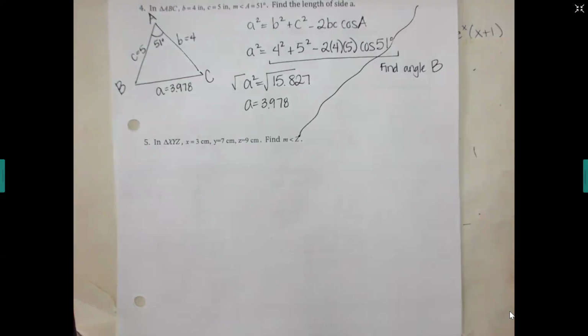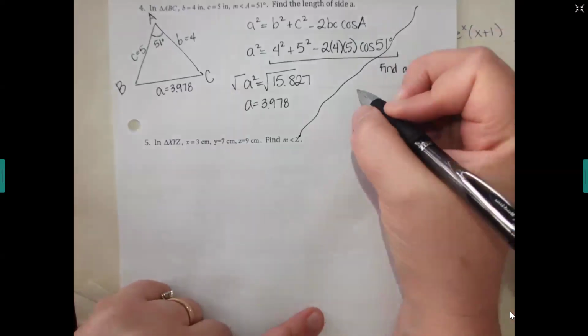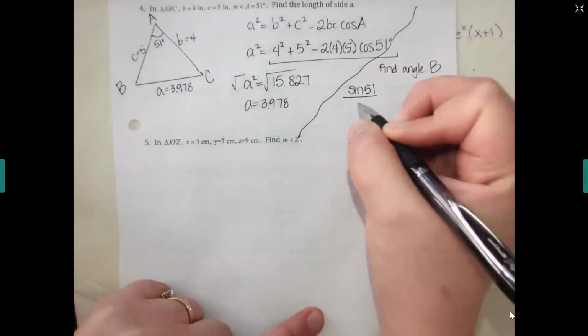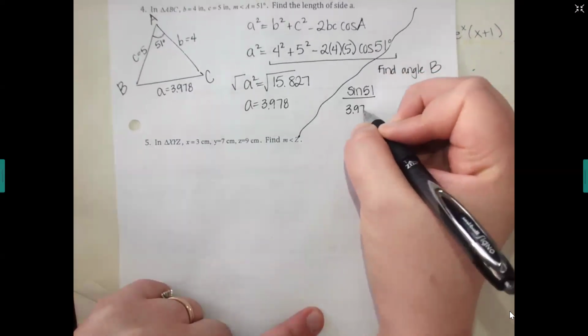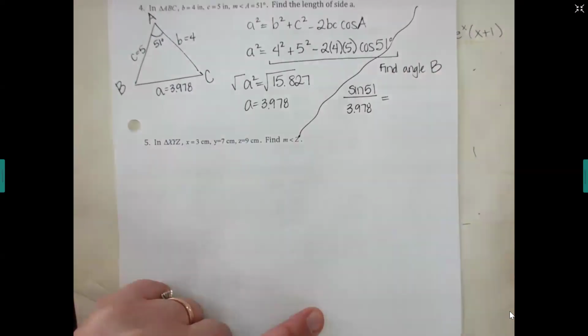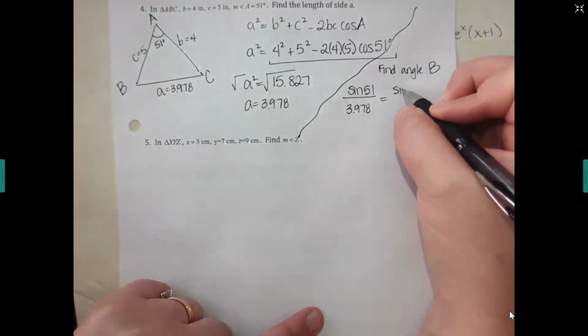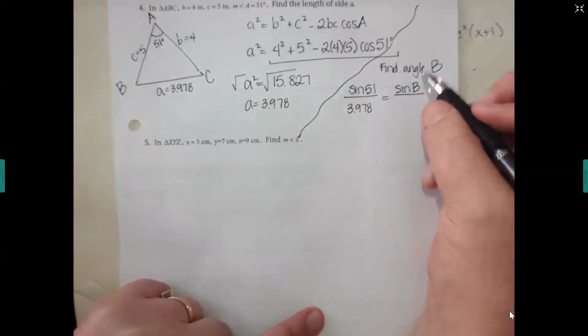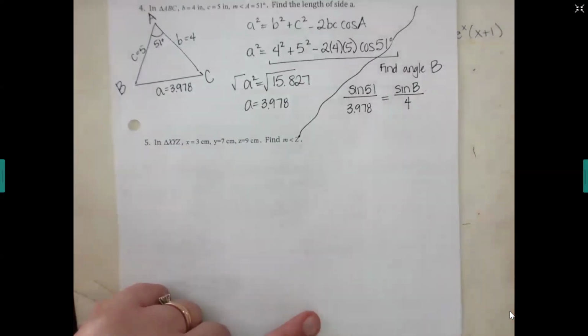What letter do we know both for? A. Now we have a big A and a little a. That lets us go back to law of sines. So I would do the sine of 51 over 3.978. And then if I'm looking for angle B, I'm going to do sine big B over little b. What's little b? 4. And then I'll cross multiply and solve.